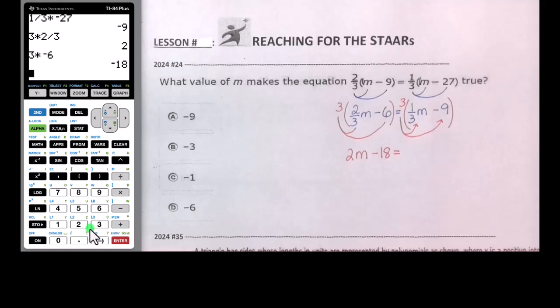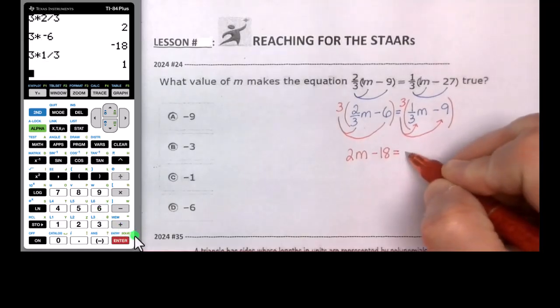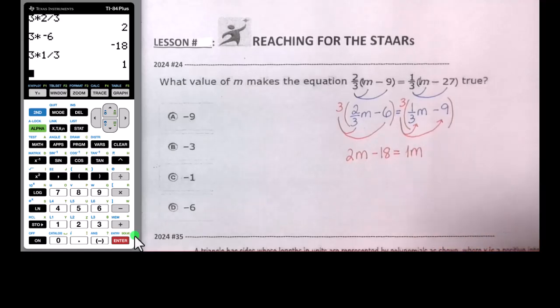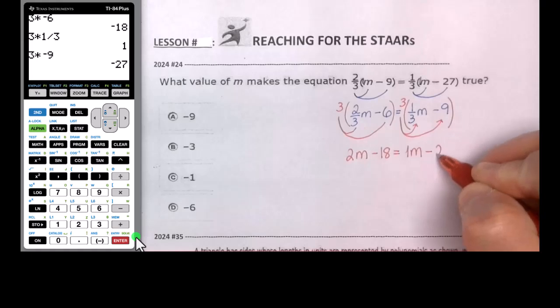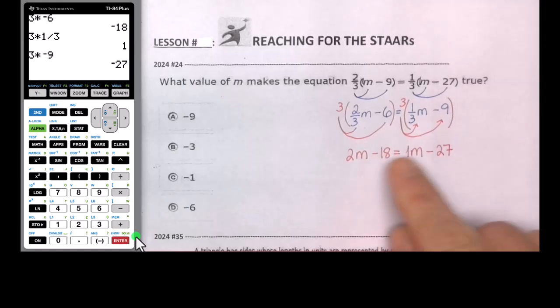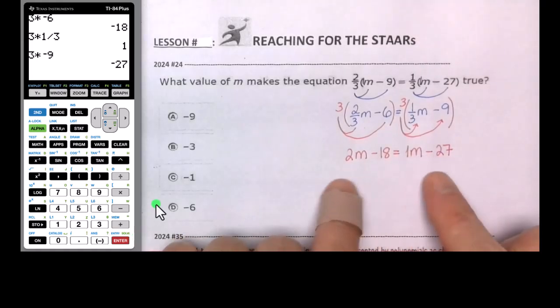Then I have 3 times 1 divided by 3, and I get 1m. And last one, 3 times -9, and I get -27. Notice by doing this, no more fractions.